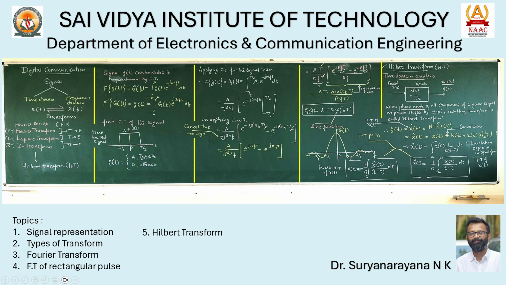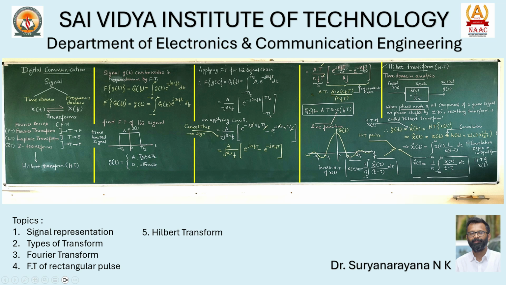So rearranging the equation, we get the Hilbert transform of x of t is given by 1 by pi integral minus infinity to infinity x of tau by t minus tau into d tau. This is the equation called the Hilbert transform of x of t.